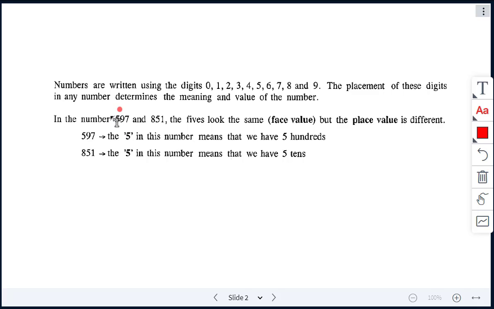So in our first number, 597, the 5 is in the hundreds place, so that means we have 5 hundreds. In 851, the 5 is in the tens place, so therefore we have 5 tens.